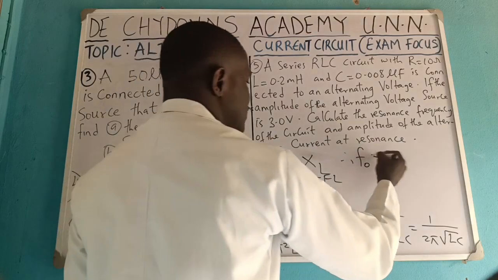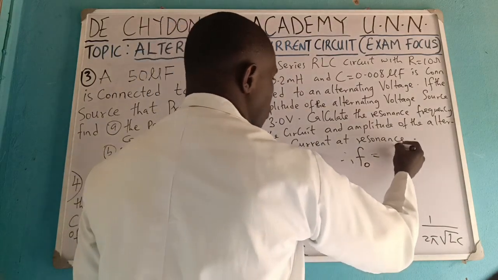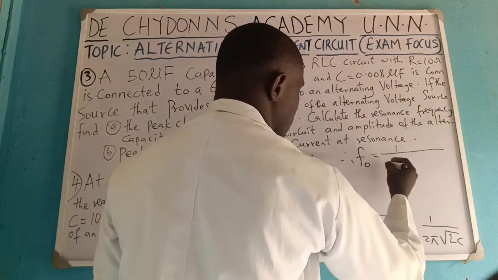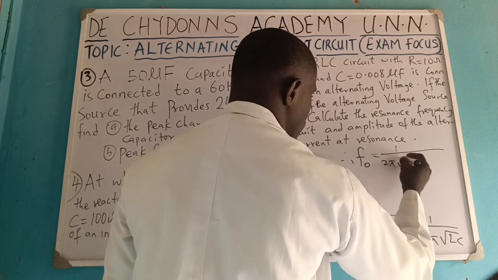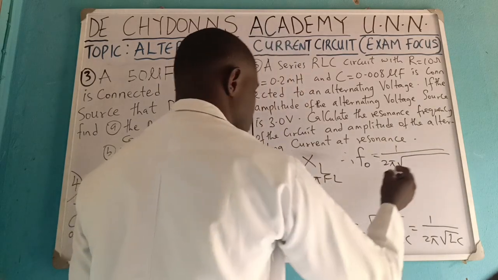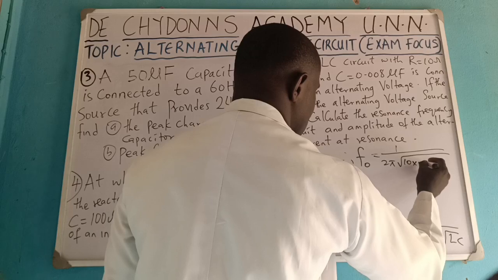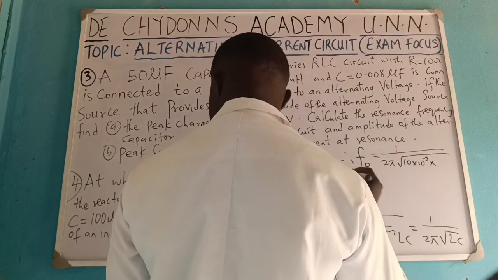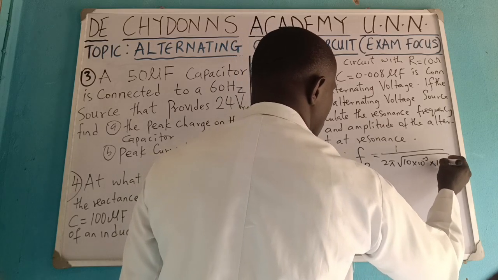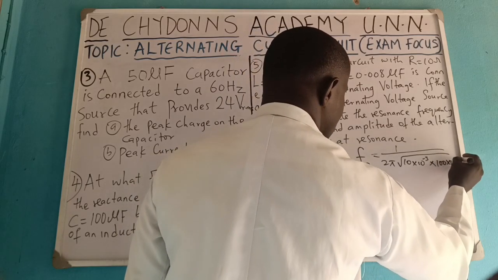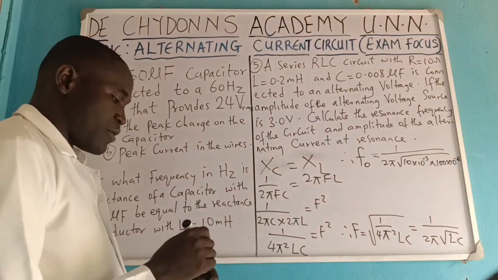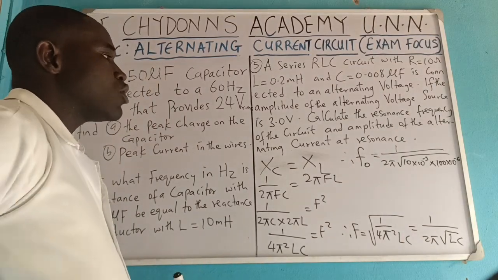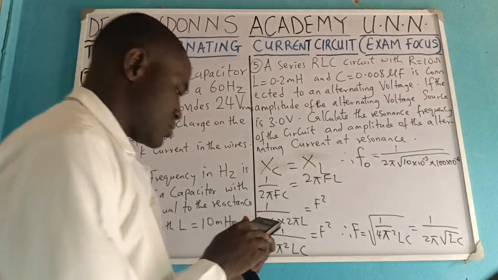So I will be saying that 1 all over 2 pi root, what is my L? 10 times 10 raised to power minus 3. What is my C? 100 times 10 raised to power minus 6. I will simplify this. Now, how do we simplify it?